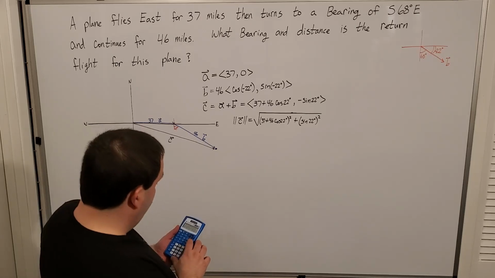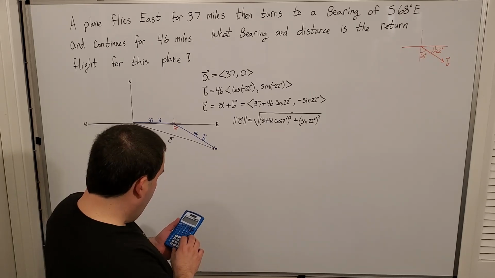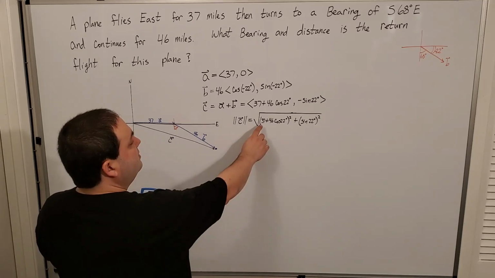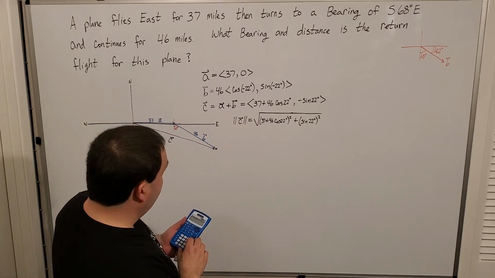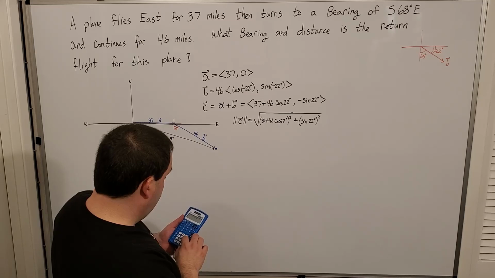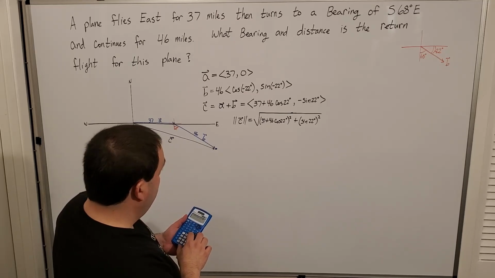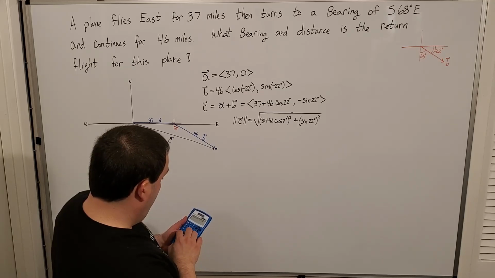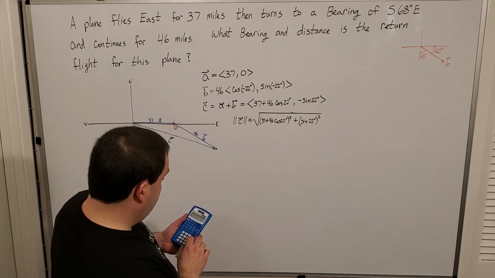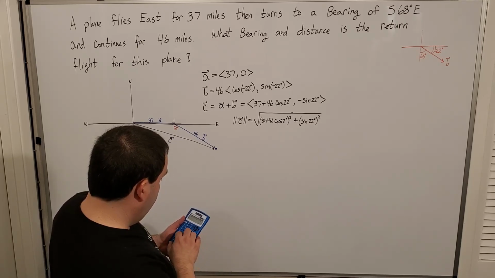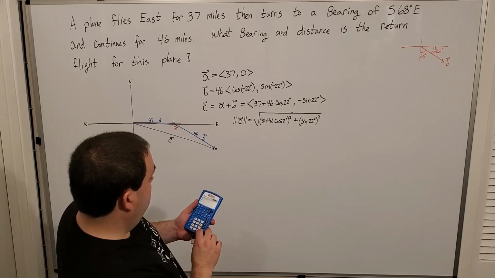So let's do this computation. Okay? I'm going to have a square root. I'm going to open another parentheses for this. I've got 37 plus 46 cosine of 22 degrees. Close the cosine. Close the squaring. Plus, open a parentheses, sine 22, close the sine, close the squaring, squared, close the radical.